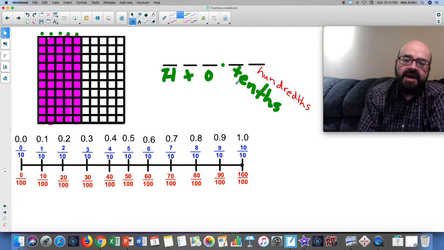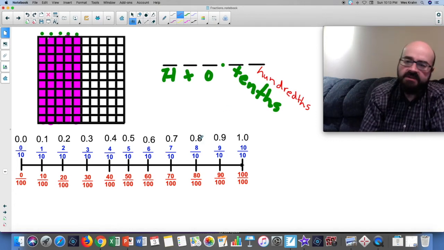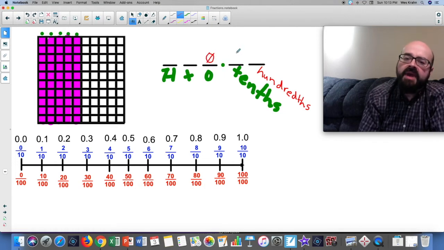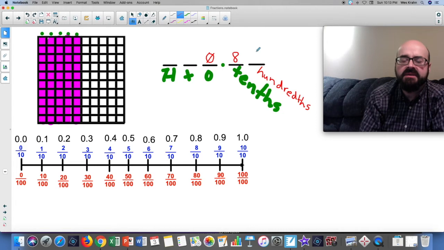So if I have 8 tenths, what would that look like in hundredths? Well, I would put my 0 placeholder in first of all. And then I would have 8 tenths. But I want to represent it as hundredths to show that they're actually smaller pieces.